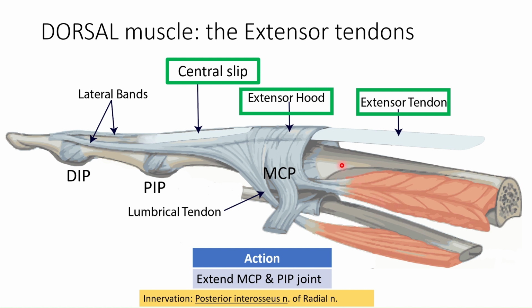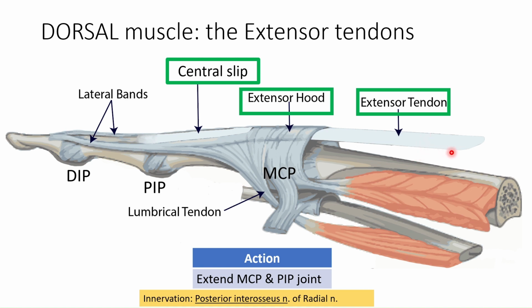The tendons that allow each finger joint to straighten or extend are called extensor tendons. The extensor tendons of the fingers begin as muscles that arise from the backside of the forearm bones, specifically the extensor carpi radialis brevis and longus, extensor digitorum, extensor digiti minimi, and extensor carpi ulnaris.